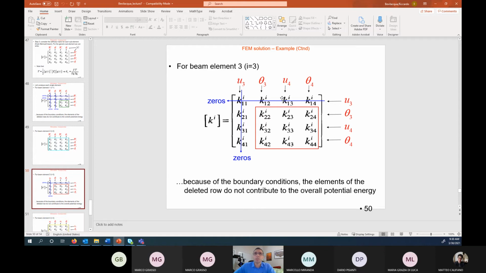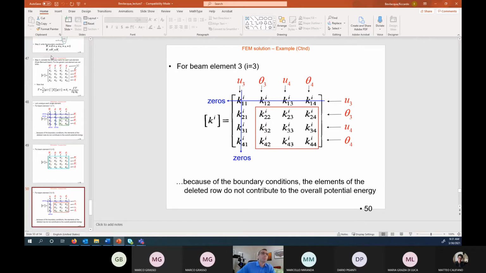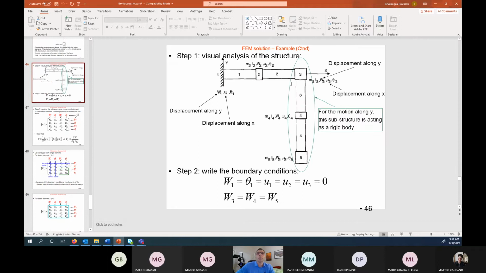For the third element, again we switch coordinates in a sense. The contributions are due to deformations along the X. Remember that the piece that points down has W3, 4, and 5, which are all the same. So there's no contribution. There's no deformation in that direction. It moves like a rigid body. So now we're focusing on the X deformation.